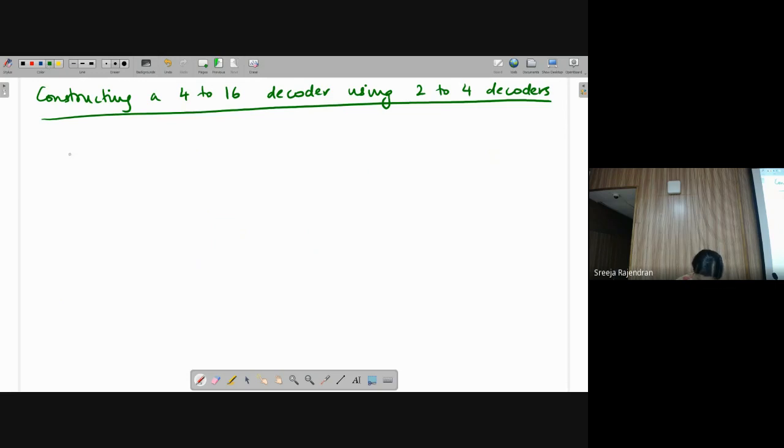So I am saying that this is a function of A, B, C, D, whatever function I'm implementing. I have a 2 to 4 decoder here. What did we do in the mux?